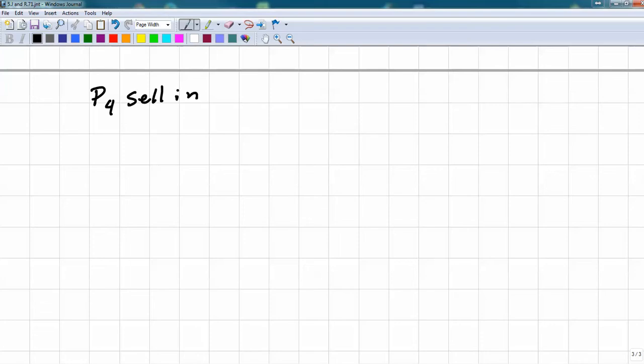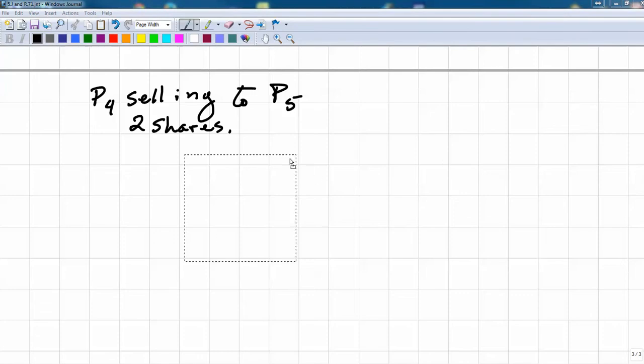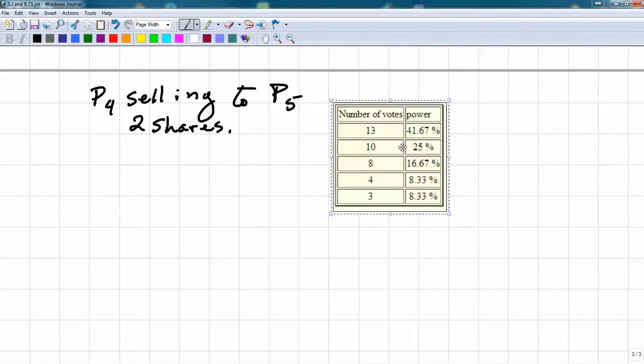Okay. And so we type it into the calculator. We calculate, and we bring this out, and we see that P sub 5 still does not have what it requires.